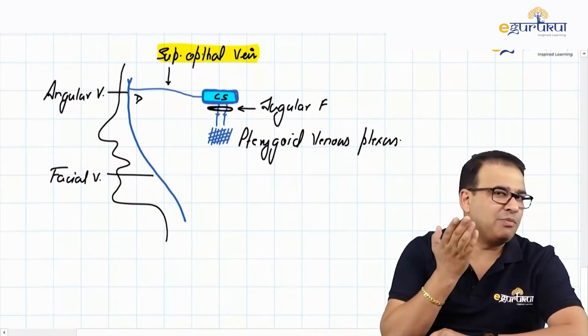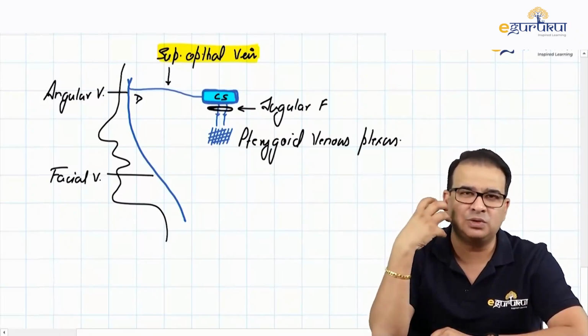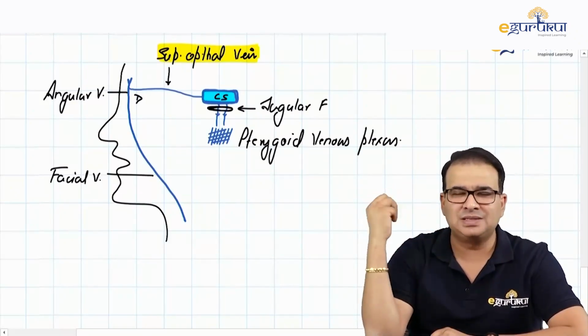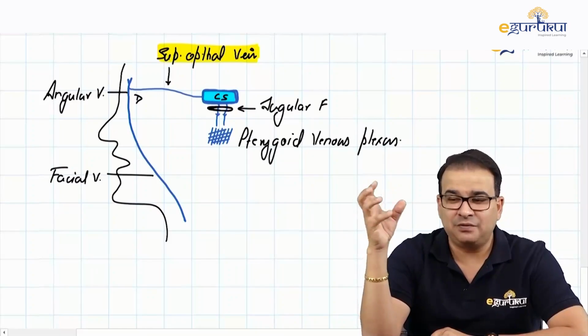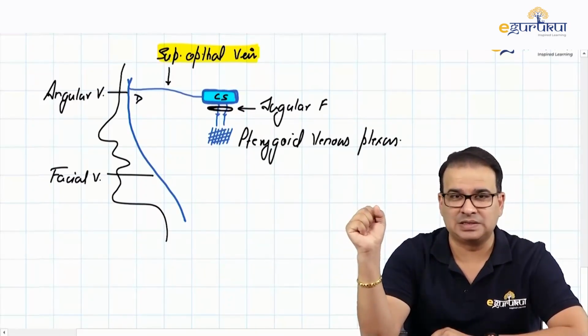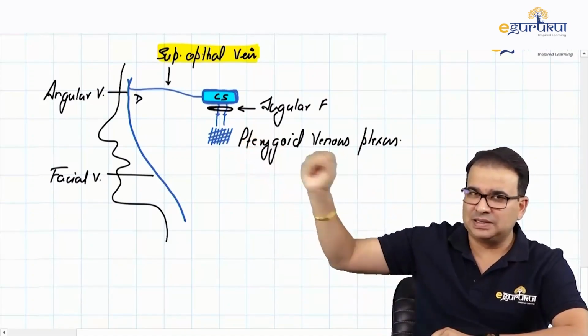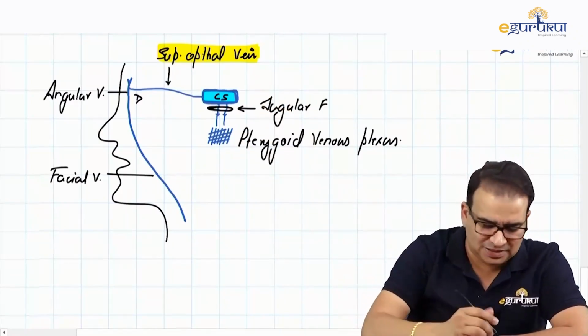Once you remove the ramus of the mandible, you are in this infratemporal fossa where we have the lateral and medial pterygoid muscles. The pterygoid venous plexus is present in between the pterygoid muscles, and also within the substance of the lateral pterygoid muscle. This plexus has a connection with the cavernous sinus through emissary veins. These are emissary veins again.